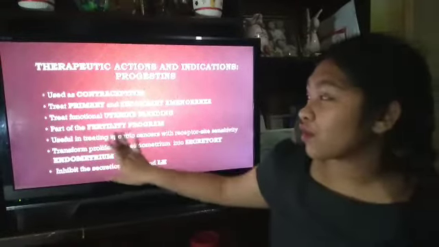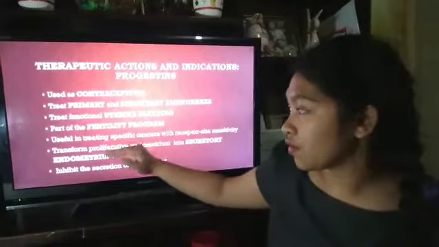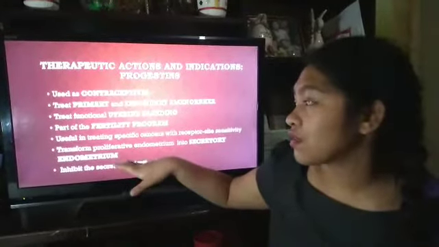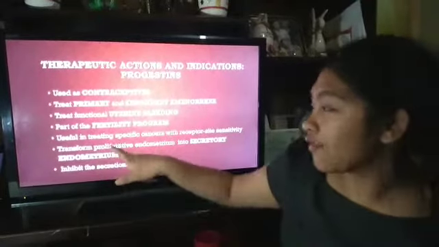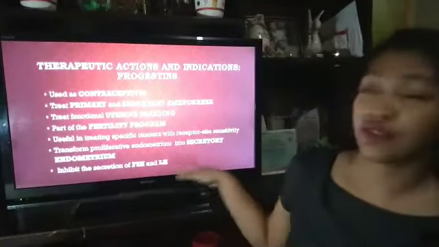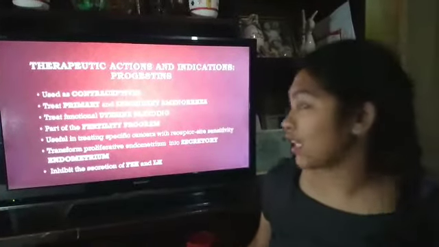It's also part of the fertility program. It's useful in treating cancers with receptor site sensitivity, transforms proliferative endometrium to secretory endometrium, and inhibits the secretion of FSH and LH.